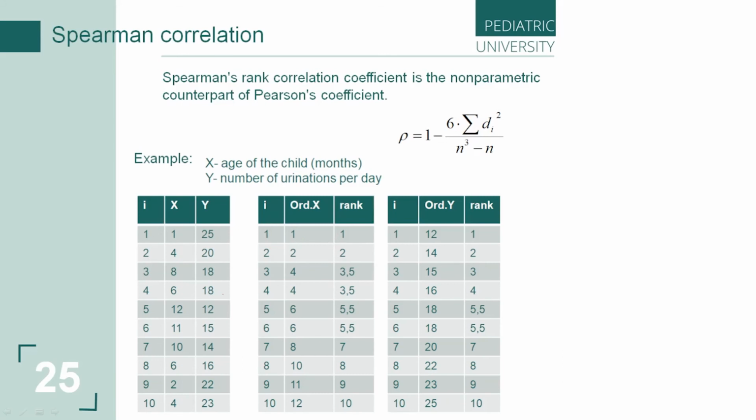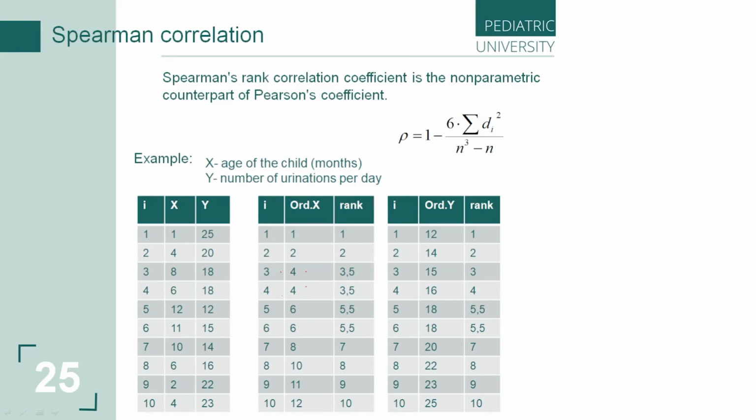Item 2, ordinal number 2, rank is 2. Next, there are two identical values, 4 and 4. Their ordinal numbers are 3 and 4.